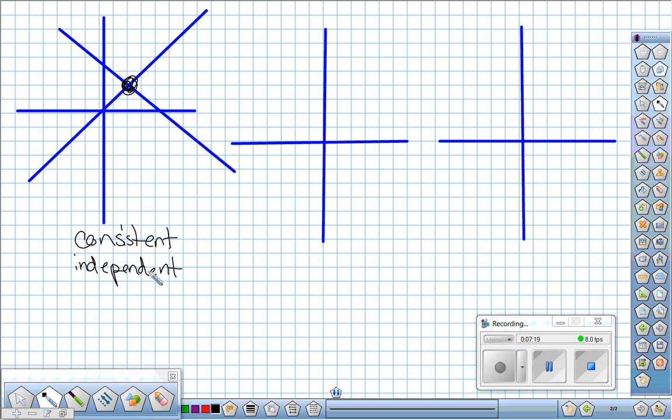Okay, the next type of thing that can happen is I could have parallel lines. I'll make a little note that this will always happen for parallel. And we call this inconsistent and independent.